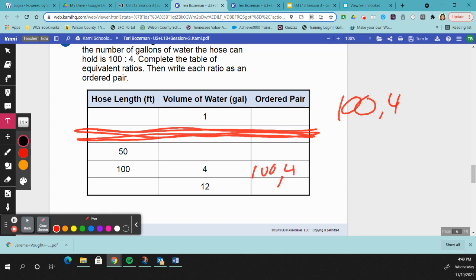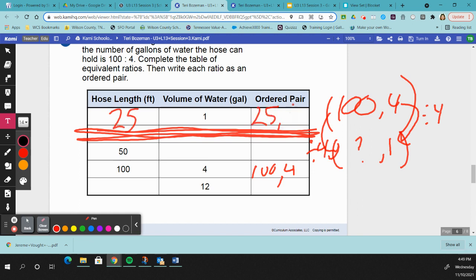And we want to come up here to the top, right? We have 1 gallon of water, but we don't know the feet in our hose. So we would say, okay, well, how do we get from 4 to 1 by multiplying or dividing? Well, we're getting smaller, so we would divide. 4 divided by 4 is going to be 1. So I divide over here by 4, and I get 25. So this is 25, 1.